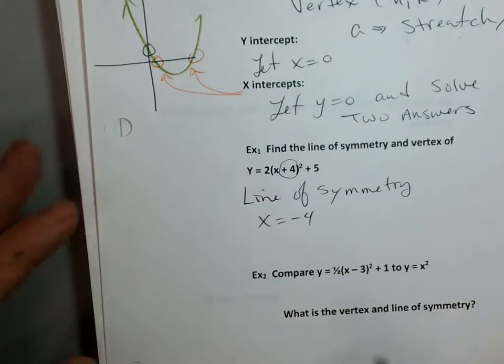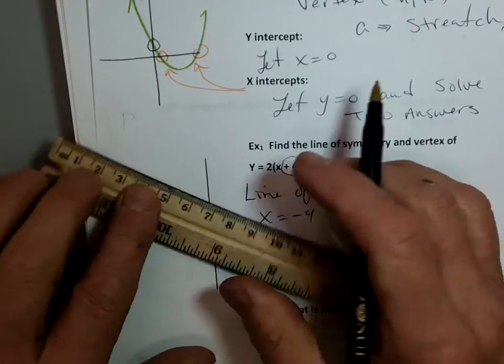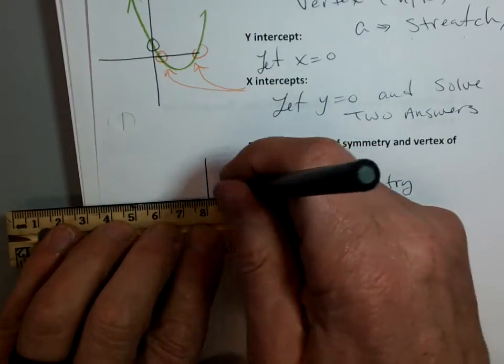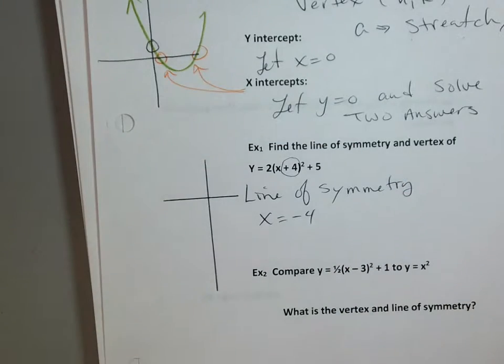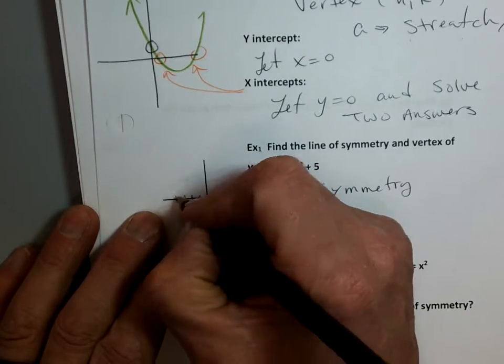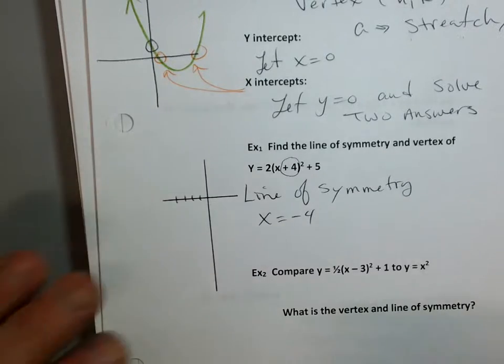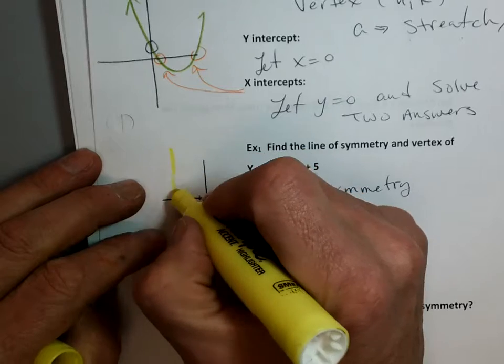So if I have my graph, and I'm just going to do a really rough sketch of my graph, you don't need to draw this, you can just watch. I know that at 1, 2, 3, 4, I'm going to have a line of symmetry, which is my reflection line, right?